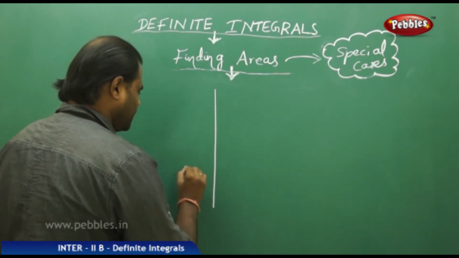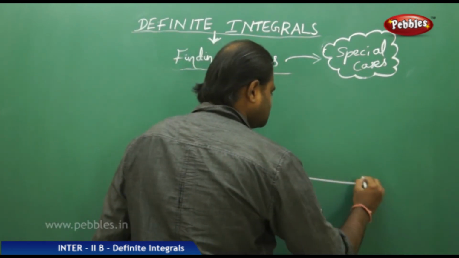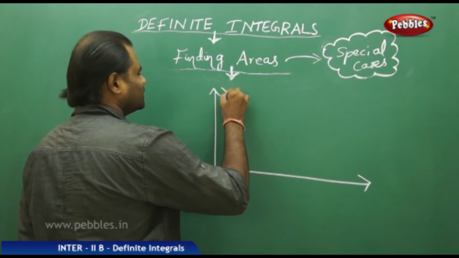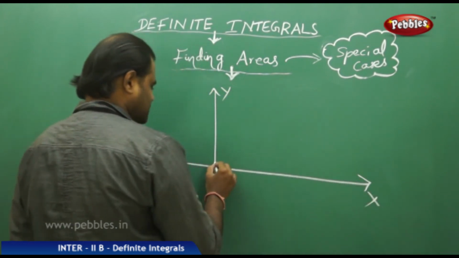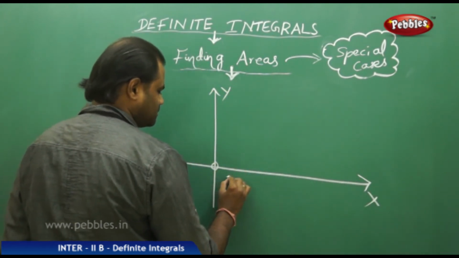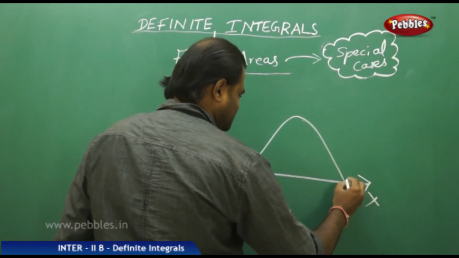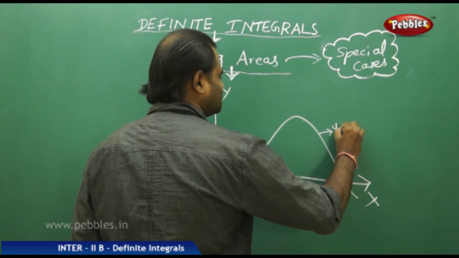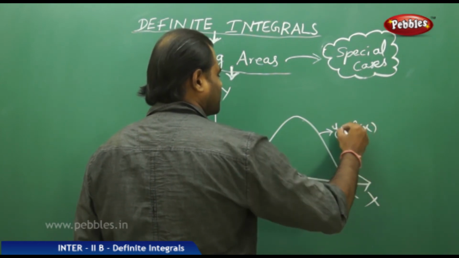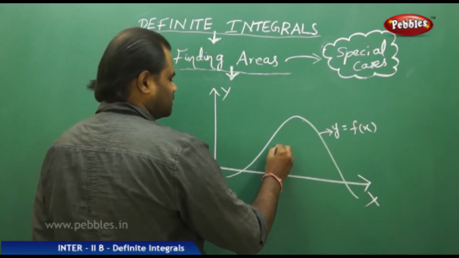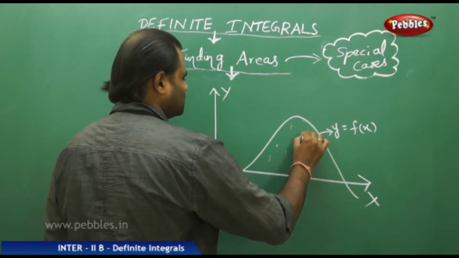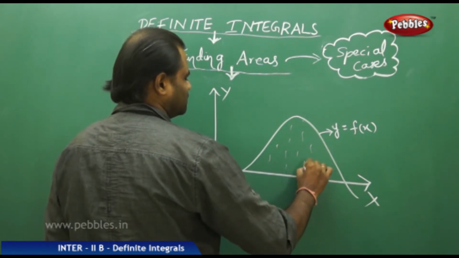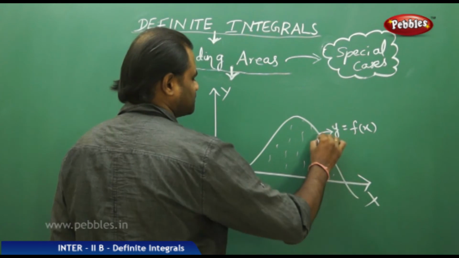That is, if I have the x-axis and the y-axis and I have the curve y equals f of x, and I have to find the area of this shaded region.